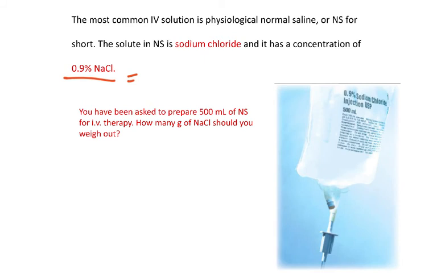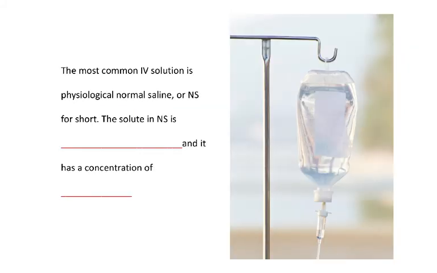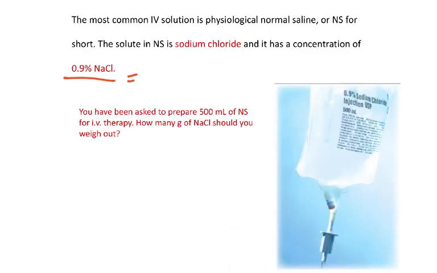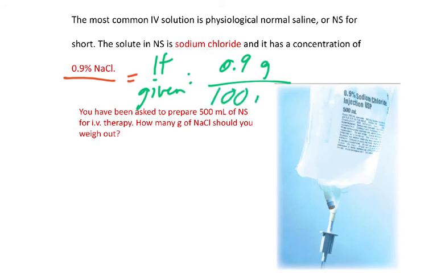So let's remember what 0.9% means. Remember, to find it, we had grams per milliliter times 100. But if given, it would be 0.9 grams over 100 milliliters.